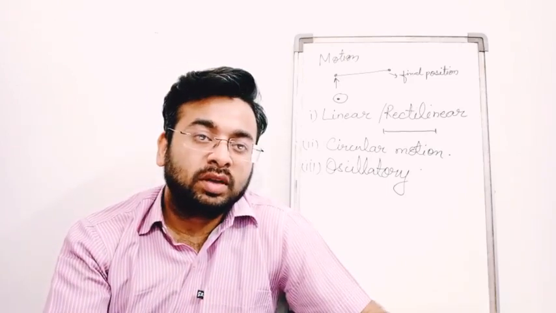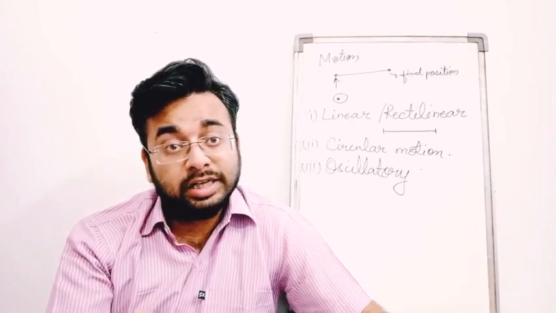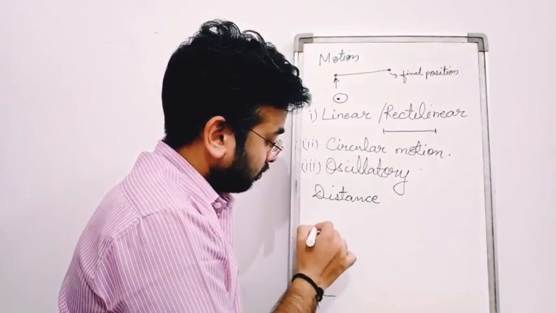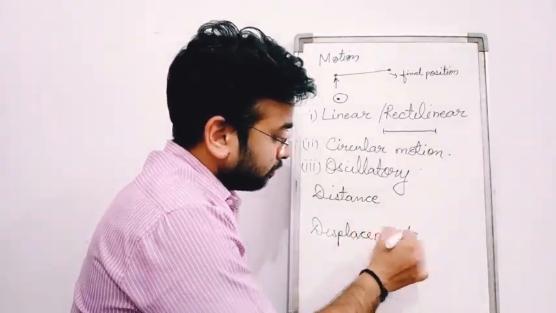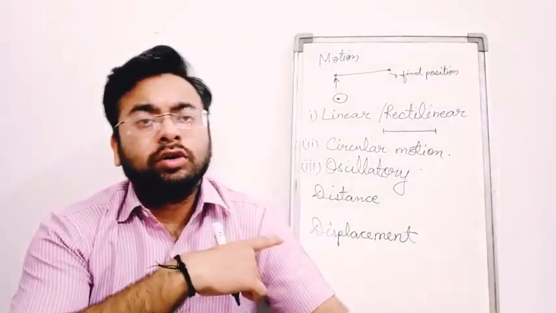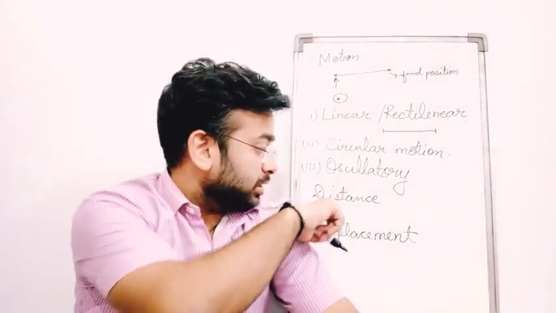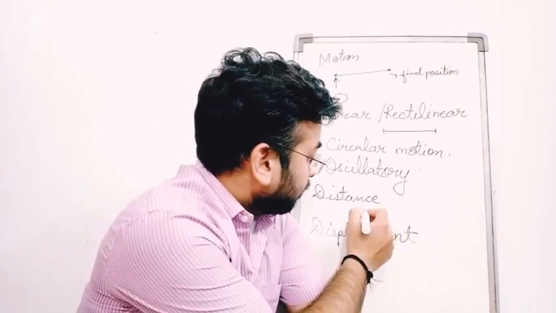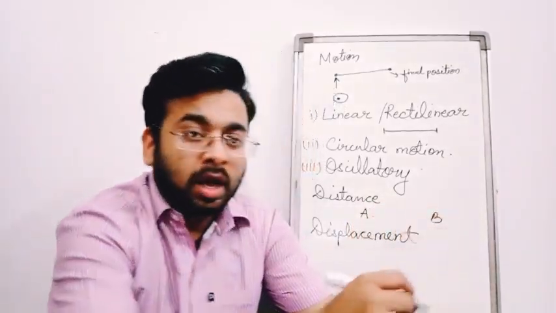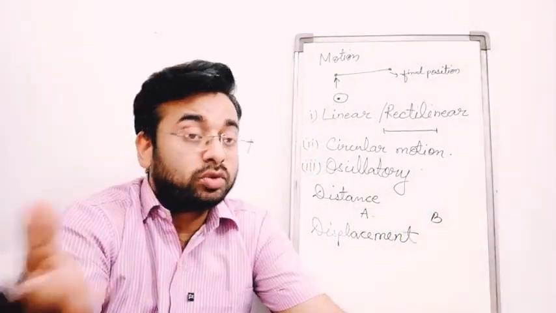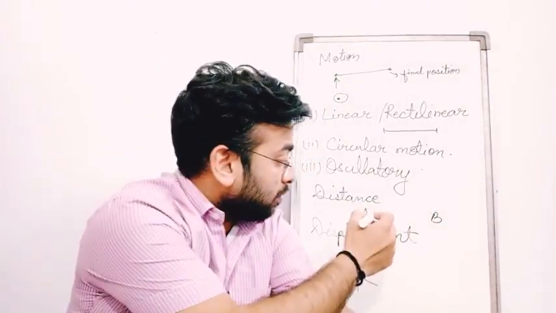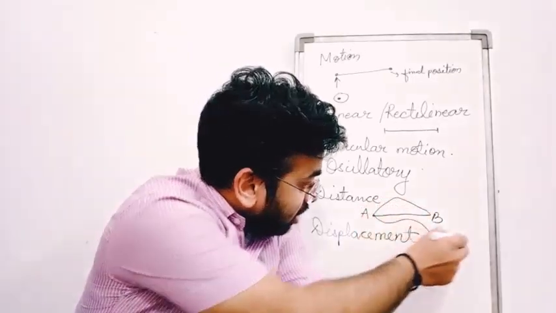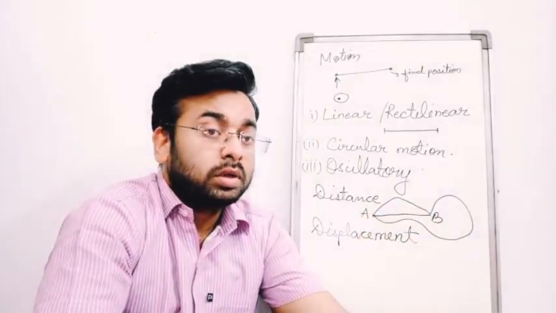Now next we have distance and displacement. Alright, to understand these two, distance, when an object travels from point A to point B. Now there may be many ways to travel from point A to point B. It can be a straight line, or it can be a curved line, or any curved line, right?